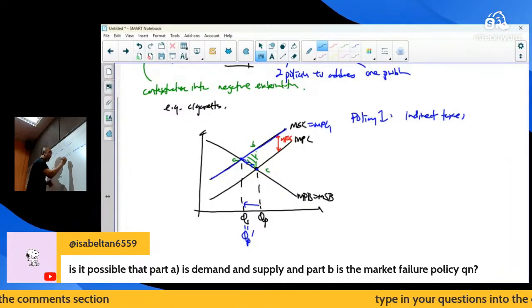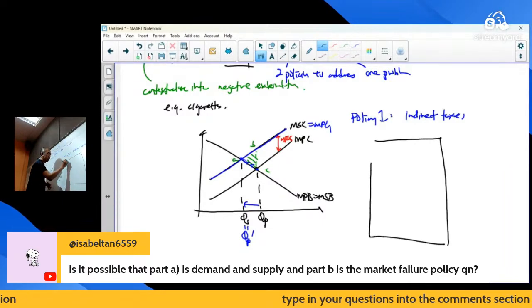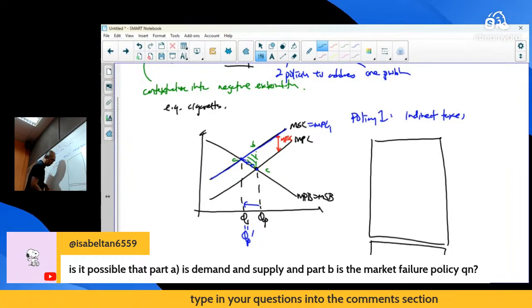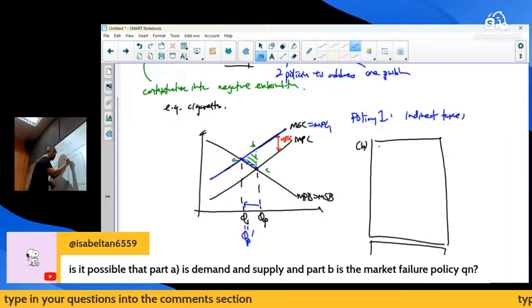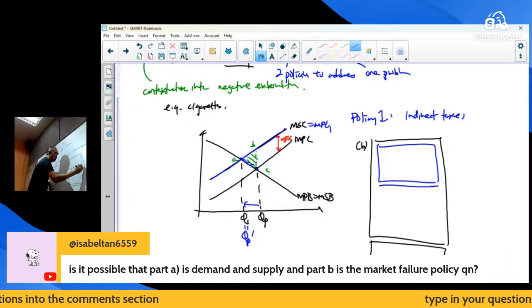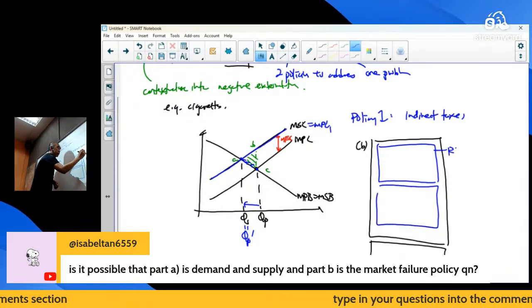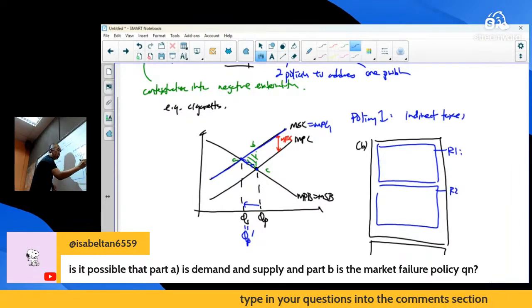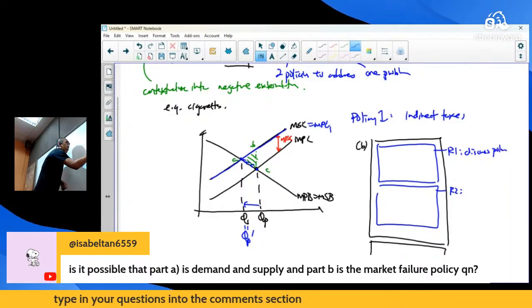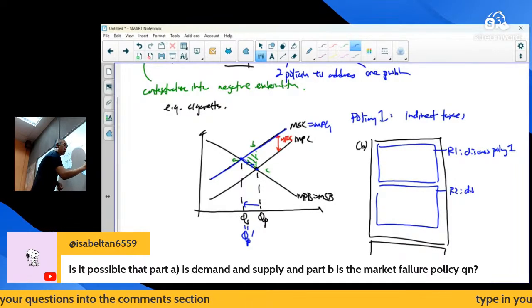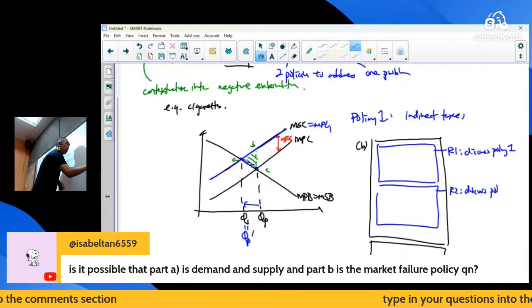In terms of the essay structure, if it's a 2-to-1 policy, part B can be split into R1 and R2. R1 will be to discuss policy 1, while R2 is to discuss policy 2.